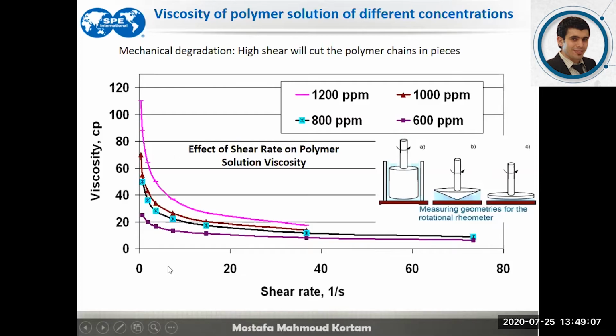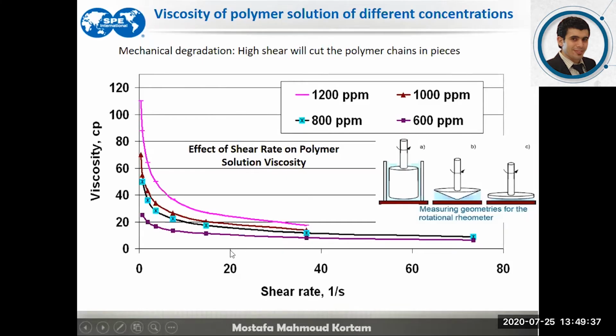But there is another factor that has to be considered: you have to understand under which condition you are measuring the viscosity. Is it at a particular shear strain? This is an example of different shear strains that can represent a particular condition of flowing the polymer through the journey from the mixing unit of the polymer to the reservoir.